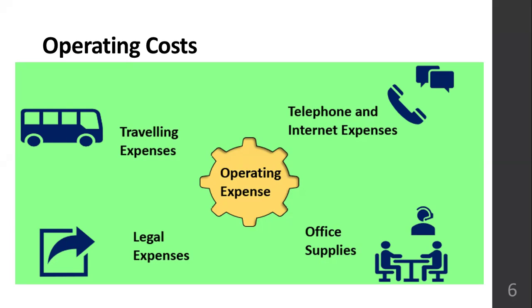For example, if a company is producing or selling microchips, these microchips can be stored or maintained. That is an operational cost. It can also be used to calculate the company's operating expense ratio. Day-to-day expenses like petrol, wages for daily laborers that you get on a contractual basis, telephone expenses, internet expenses, office supplies like A4 sheets, pens, markers, legal expenses, they vary on a day-to-day basis.